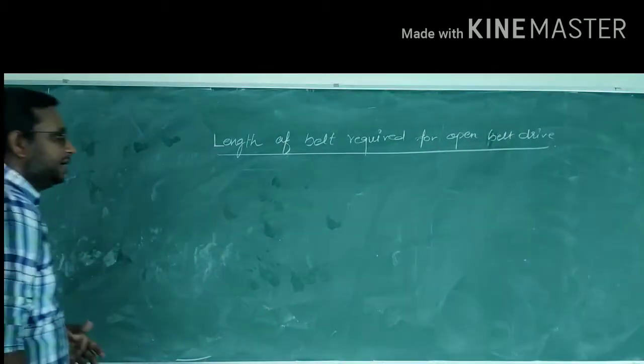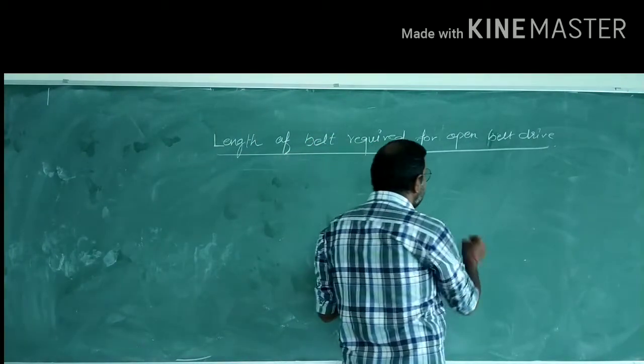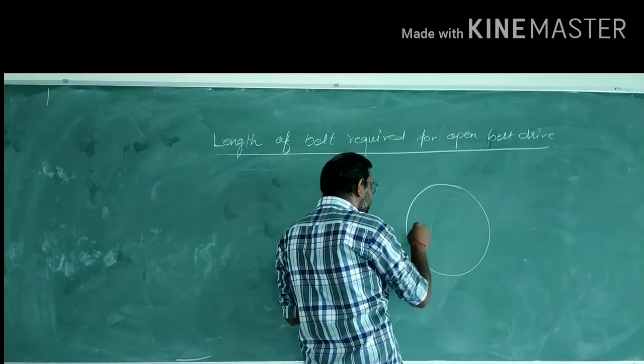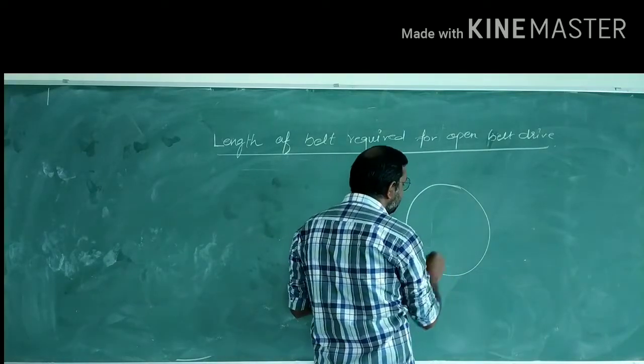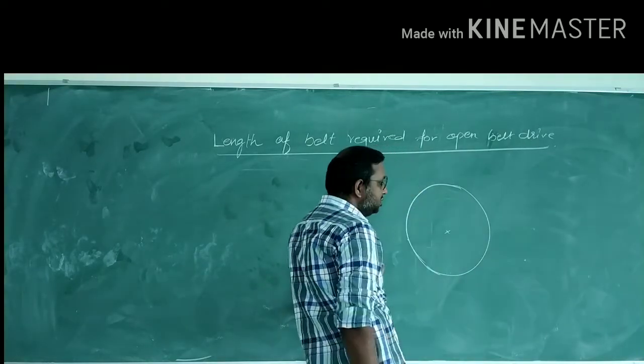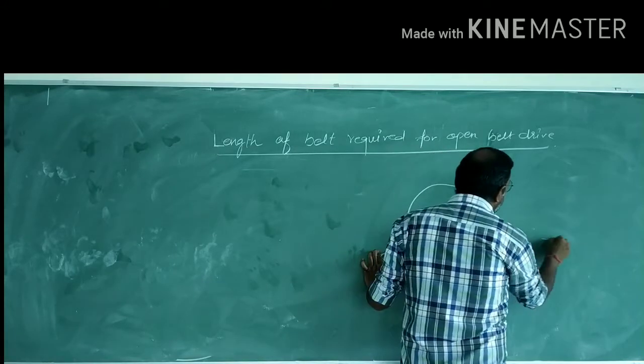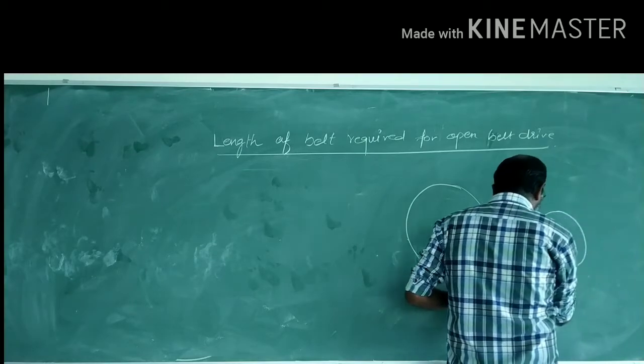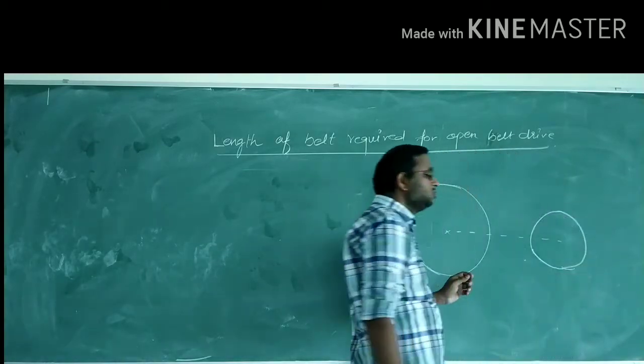So we will draw the diagram for the open belt drive initially. So let us consider this. We have the largest pulley, and this is the center of the largest pulley, and here we have the smallest pulley.